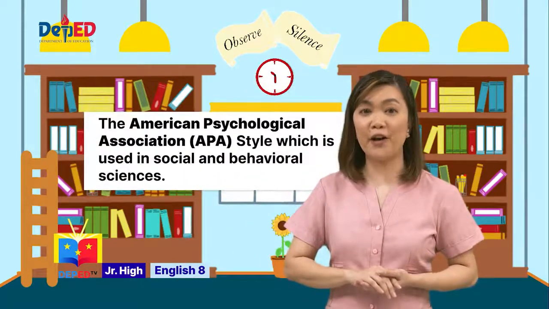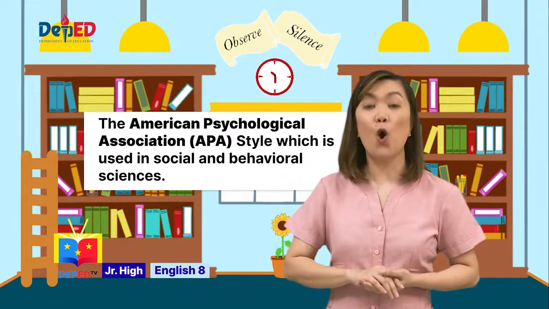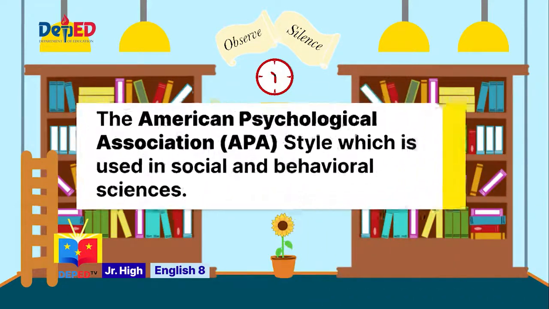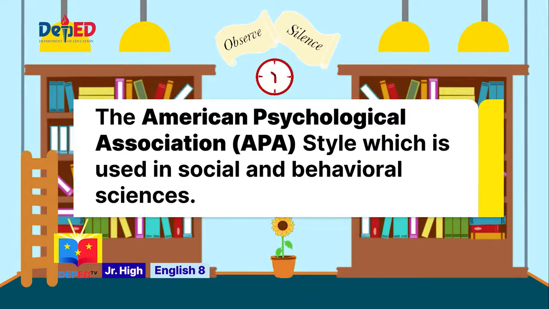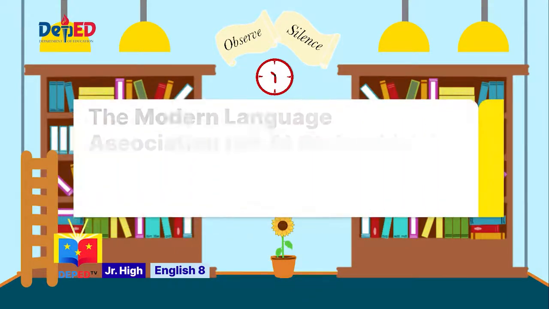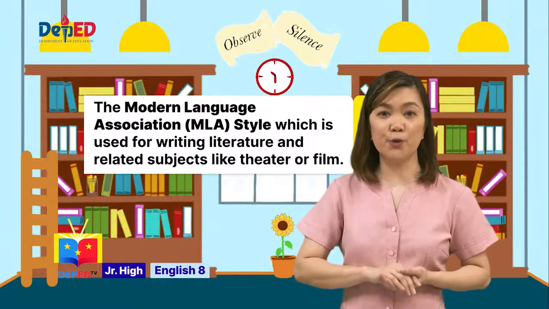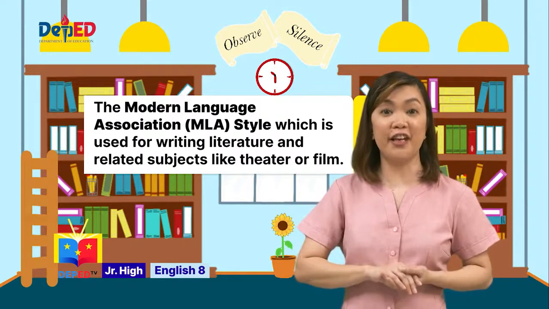First, we have the American Psychological Association or APA style, which is used in social and behavioral sciences. Second, we have the Modern Language Association or MLA style, which is used for writing papers on literature and related subjects like theater or film.